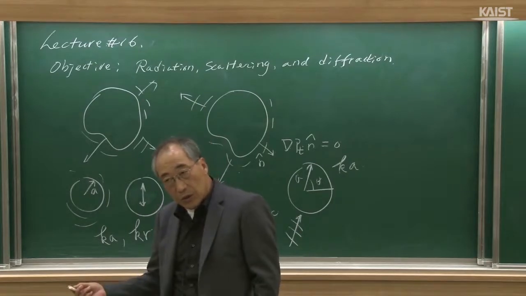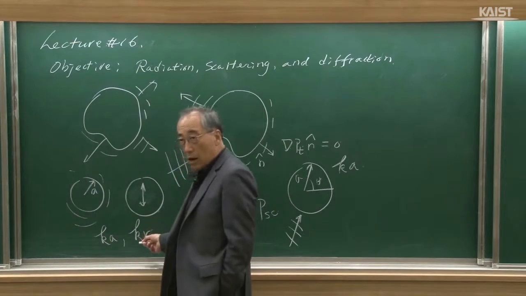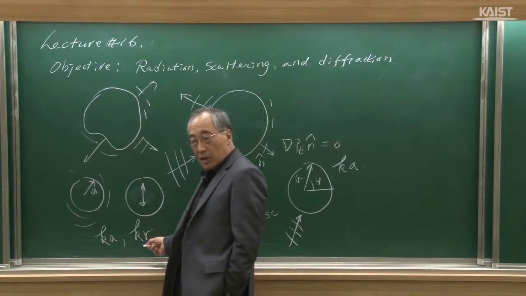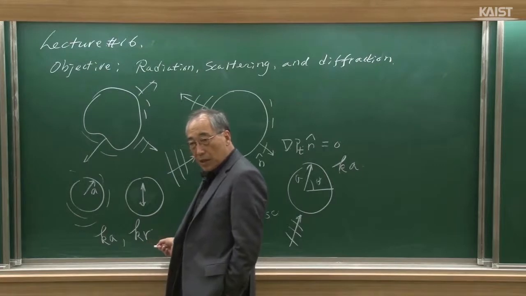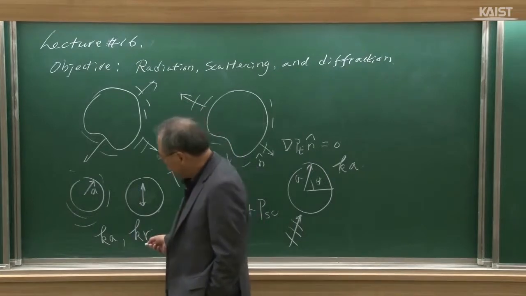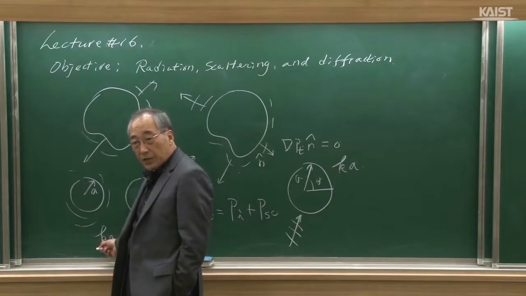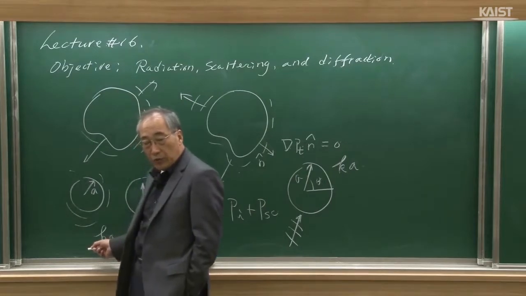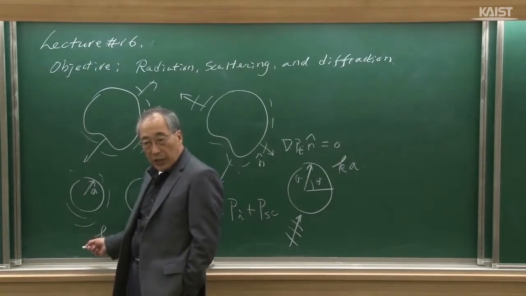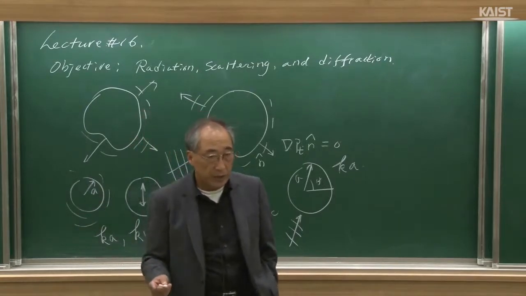In other words, if kr is very large, that means we are observing sound in the far field with respect to the wavelengths of interest. And the radiation also depends on the scale of ka, that scales radiator size with respect to wavelengths.